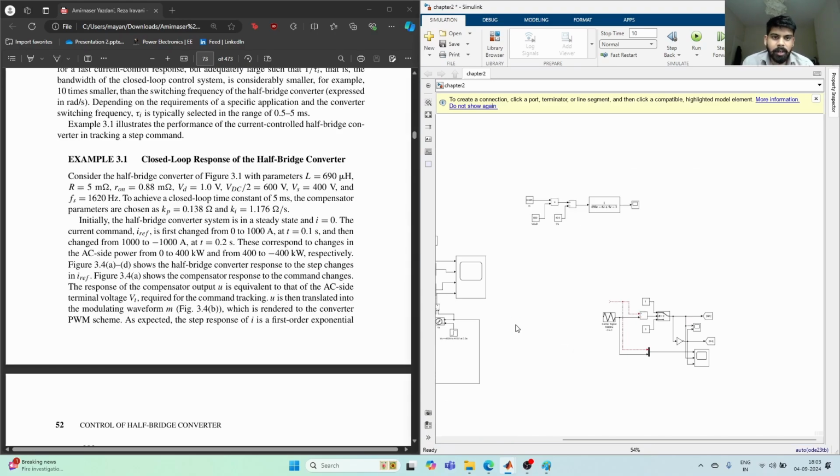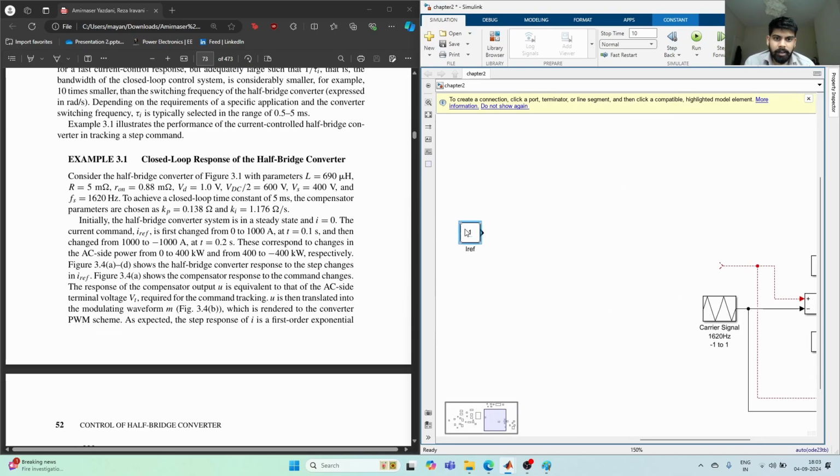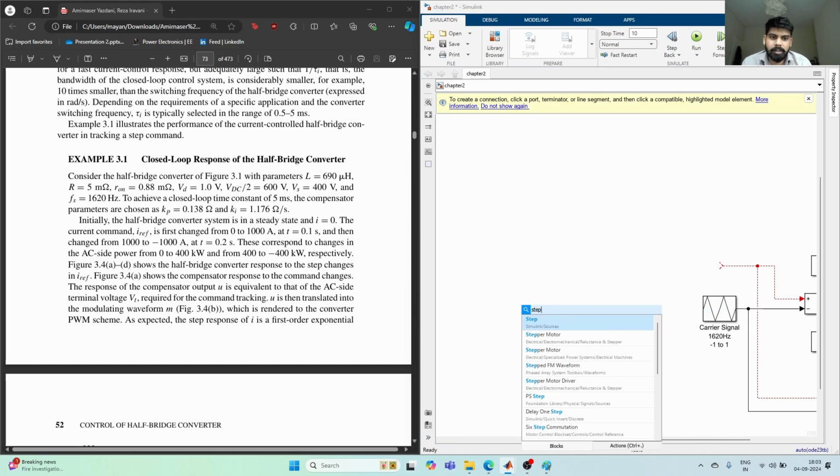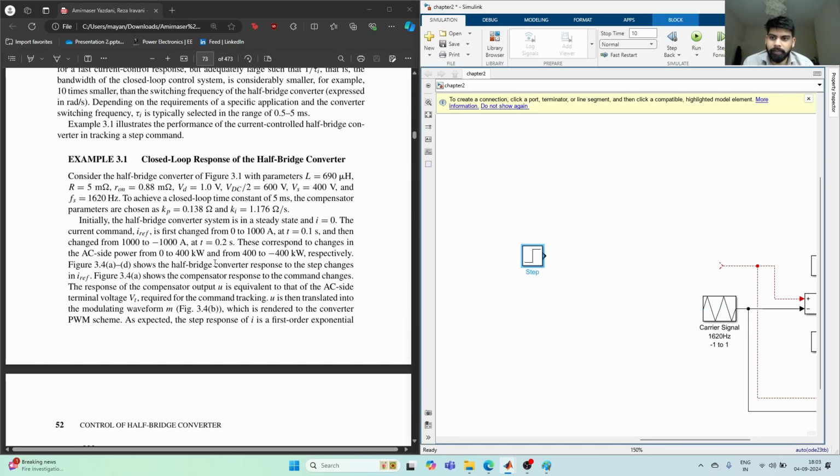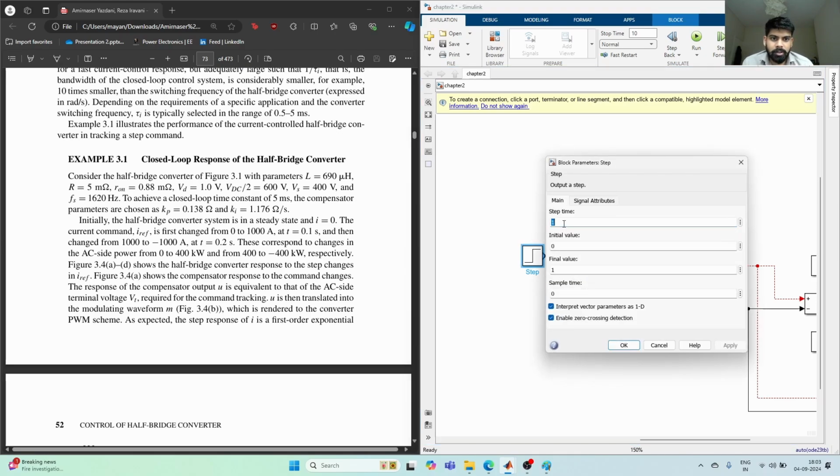As a user, I'll put a constant in the I reference. Initially I'll just put 1000 amps. Or let's just delete that, I'll put a step. We'll put a step change to see the change, and I think the book also does the same. It changes from 0 to 1000 amps, and then from 1000 to minus 1000 amps.